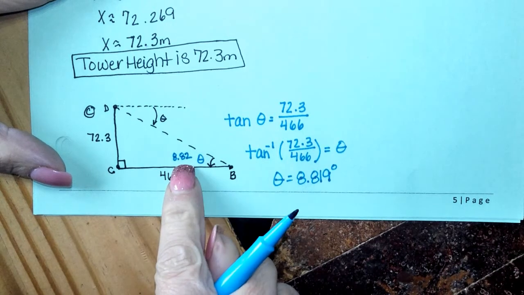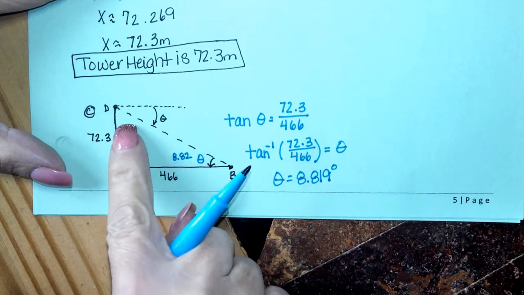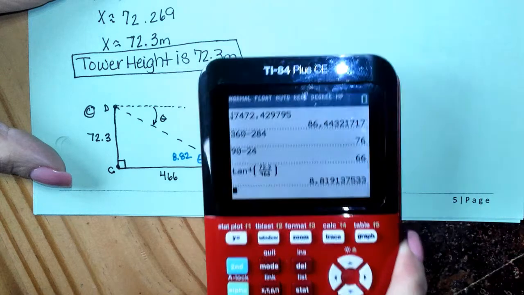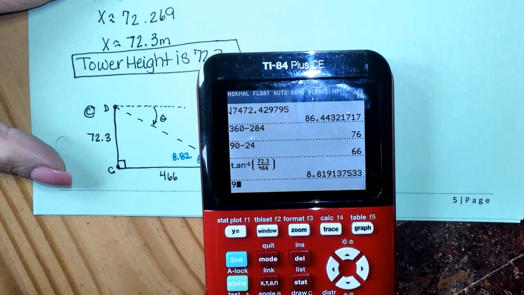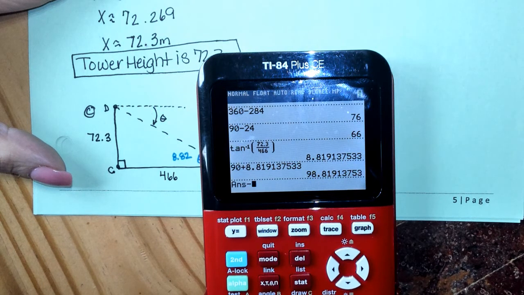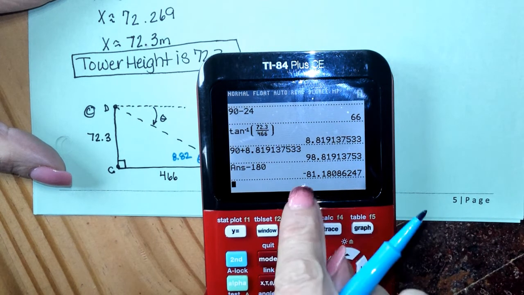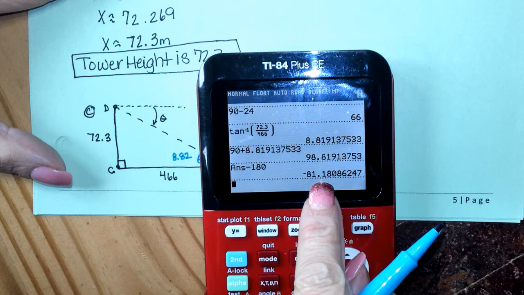Okay, 8.82 plus 90, subtract it from 180 will give me that angle right there. So if I take 90 plus all of that minus 180, it's 81.18.